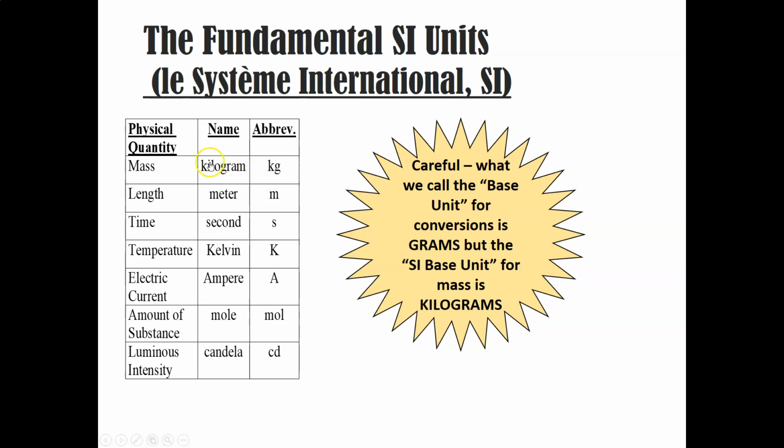So for example, kilogram is an SI base unit, whereas a normal base unit would just be grams. I wish we had all picked a different term for these things. Unfortunately, we didn't, so it's a little confusing. So when I say base unit, I mean the one that has no prefix. That's what I'm going to mean this year.